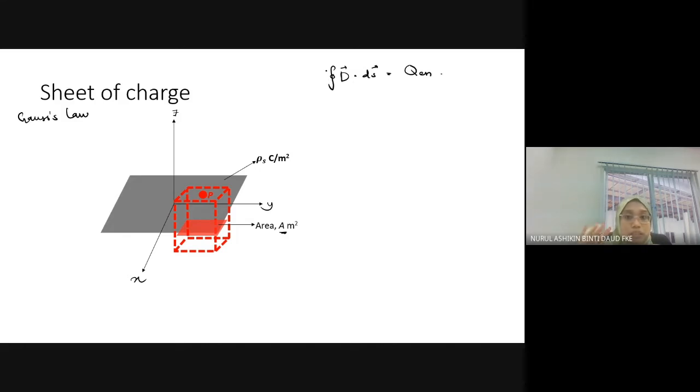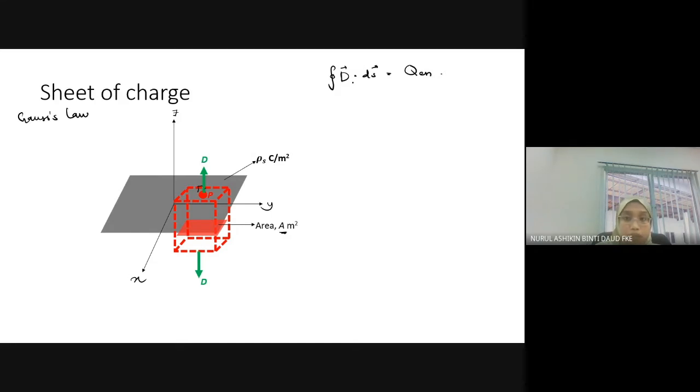So where is the direction of D based on this shape? The direction of D is always normal to this Gaussian profile. So D is possible to exist on the top and also at the bottom of this Gaussian profile shape.